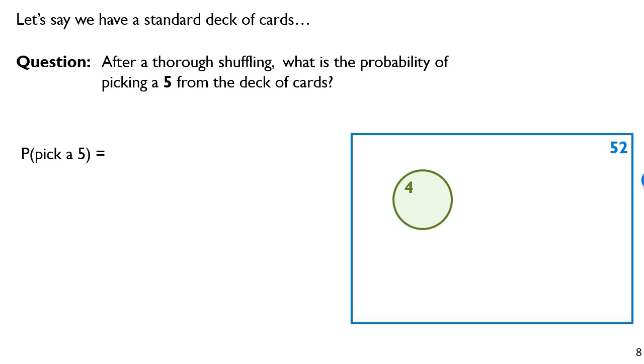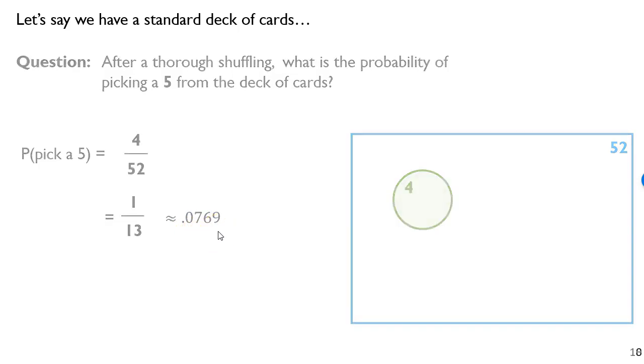There are 4 suits, and each suit has a 5, so we have 4 fives. So the probability that we pick a card and it's a 5: there are 4 ways we can do that over a total of 52 cards. If we reduce this fraction by dividing by 4, we get 1 over 13, which is approximately 0.0769.